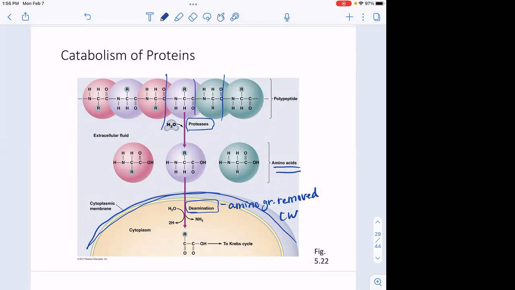And when the amino group is removed, you're left with some 2-carbon compound here. And remember, we said 2-carbon compounds can get shunted right into the Krebs cycle. So now we can get all the electrons out of that compound and convert them into energy. Incidentally, this NH2 typically gets converted into NH3, also known as ammonia.